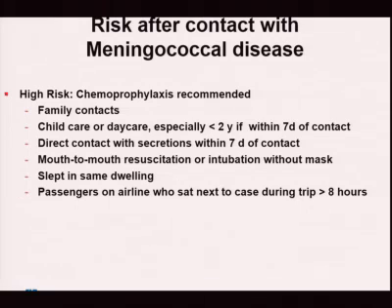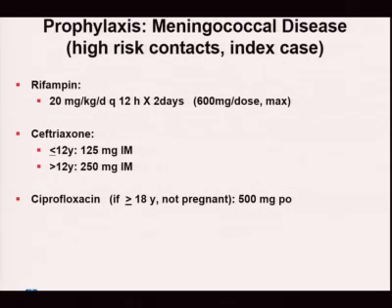Anyone with direct contact with secretions within 7 days, anyone who's done mouth-to-mouth or intubated a patient without a mask. If you sleep in the same dwelling as the index patient, you need prophylaxis. And finally, they even defined passengers on an airline who sat next to the case during a trip which is over 8 hours, okay? So all these people need to be prophylaxed.